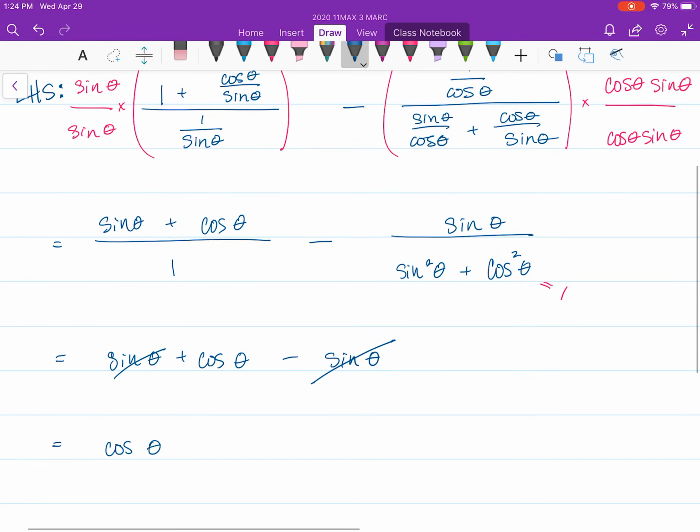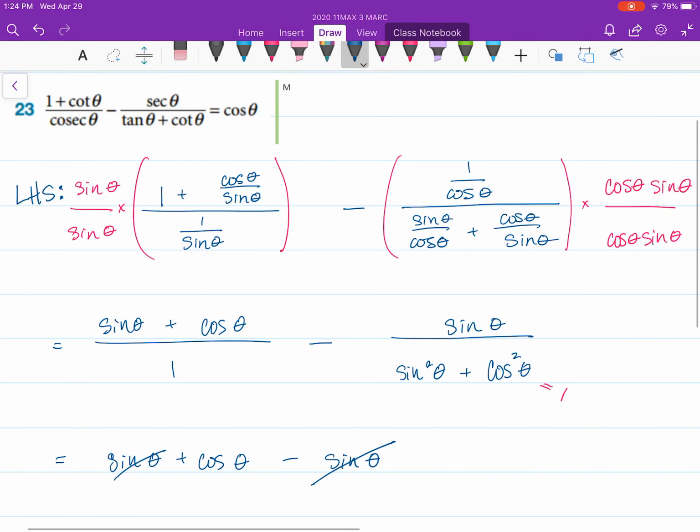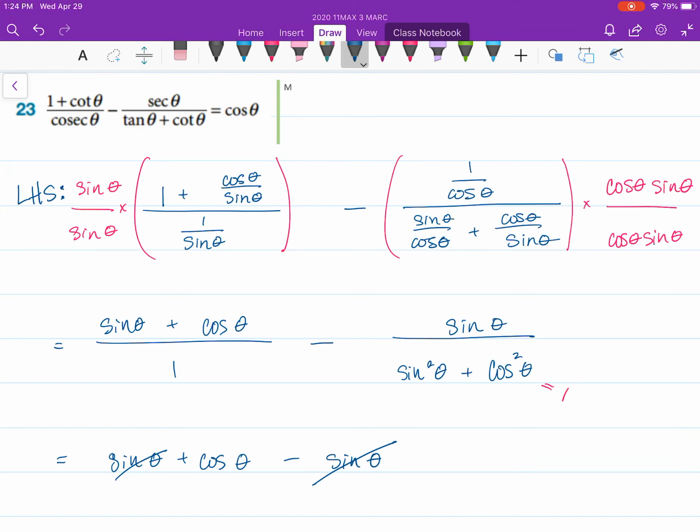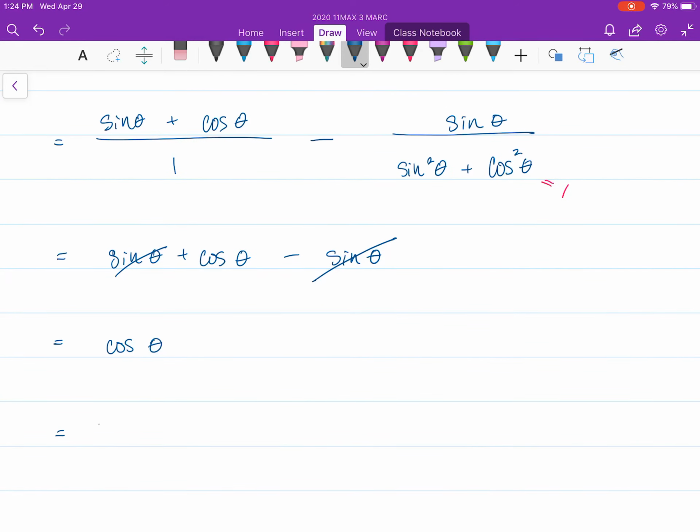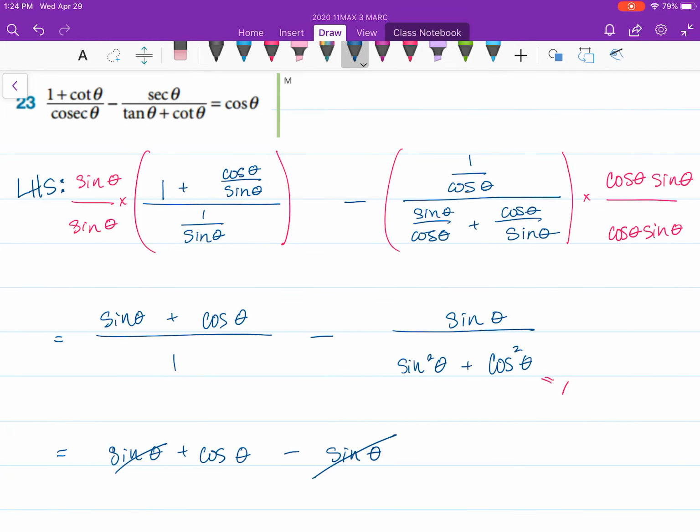And if I go back and I look at my original problem, cosine theta is my right hand side, so therefore that equals the right hand side. And that's what I was requested to prove. So therefore I have proven that if I simplify the left hand side, it does in fact simplify and become equal to the right hand side.